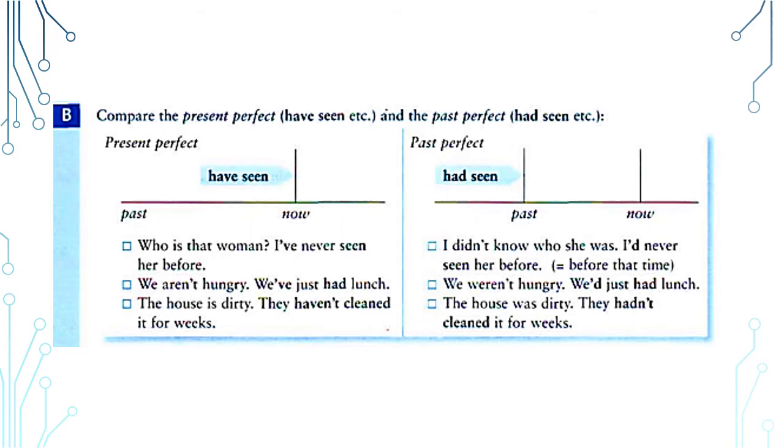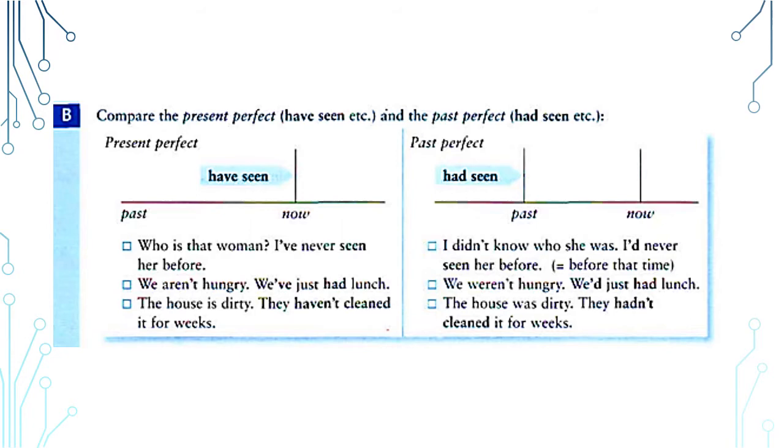Compare the present perfect, have seen, and the past perfect, had seen. The present perfect is connected to the present time, to now. It has a relation with now. But the past perfect is related to a past moment, not now.